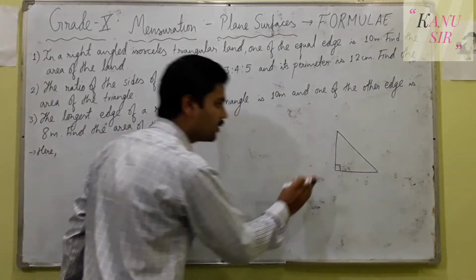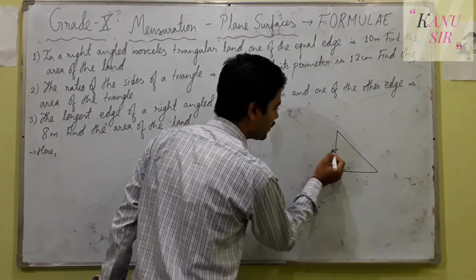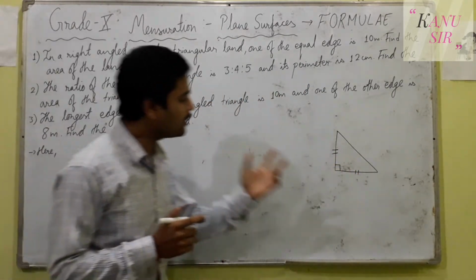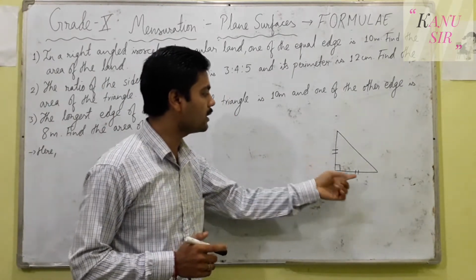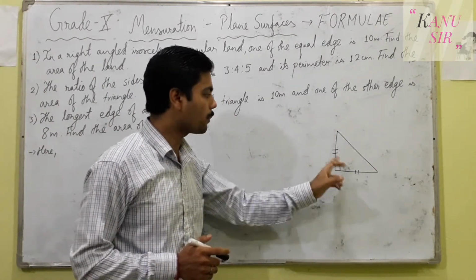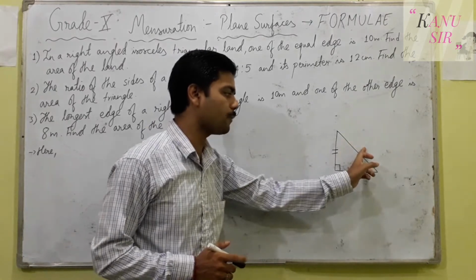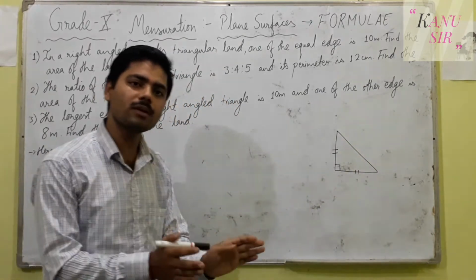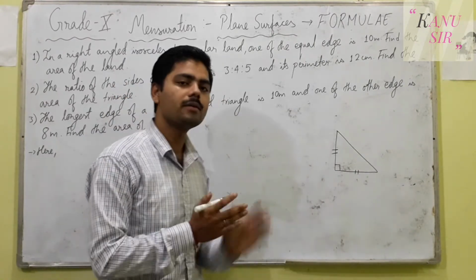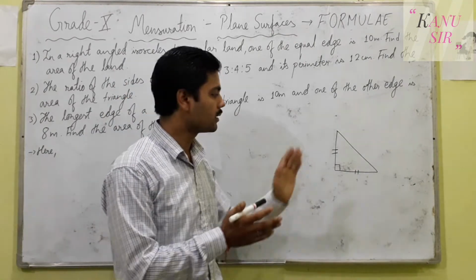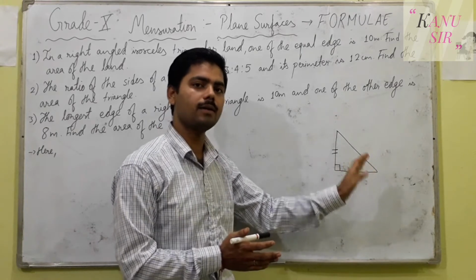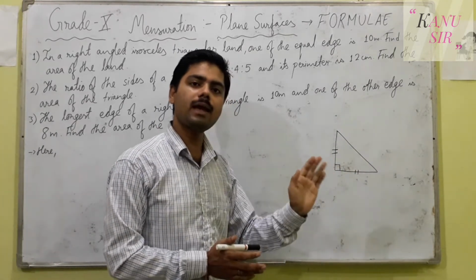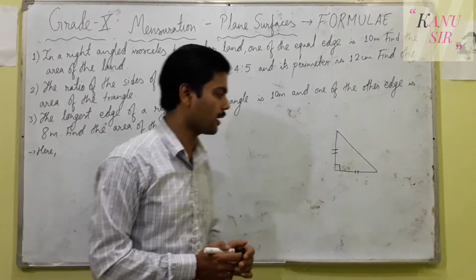It means two sides of the right angle are equal, and the only possibility for the equal sides is the base and the perpendicular. The perpendicular will never be equal to the hypotenuse, neither will the base, because the hypotenuse is always the longest side in a right angle triangle. So we have to consider the base and perpendicular equal in an isosceles right angle triangle.